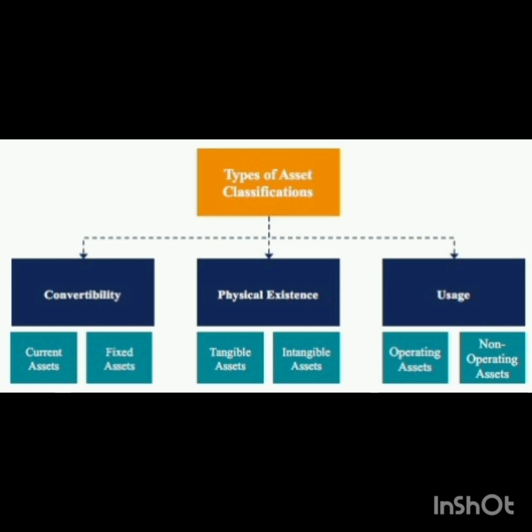That's it. Also we have many things in current assets, like what are non-current assets. Current asset is an account where assets that can be converted into cash within one fiscal year or operating cycle are entered.